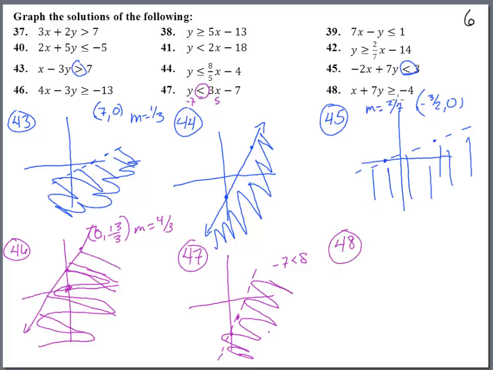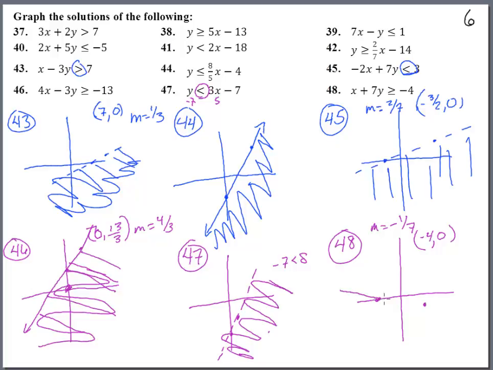x plus 7y is greater than or equal to negative 4. So we have if y is 0, x is negative 4. So that gives us that point right there. And the slope, shortcut from standard form, is opposite of 1 over 7, so negative 1/7. And this says we get a solid line, so down 1 over 7.